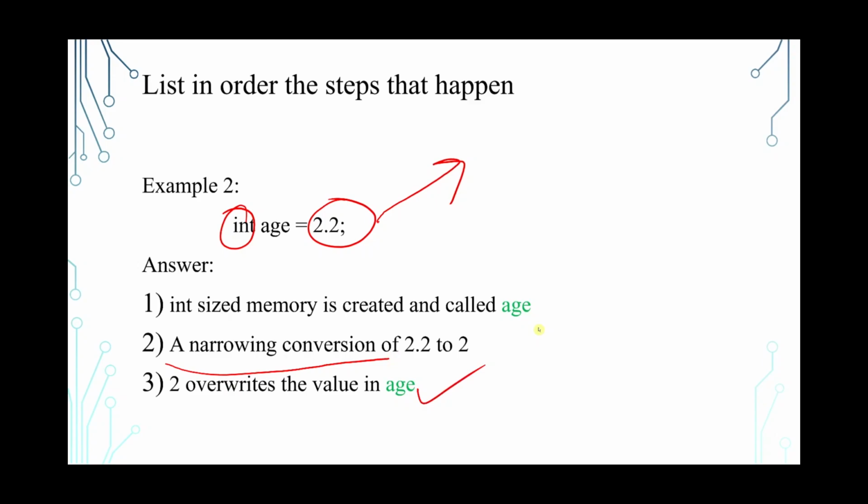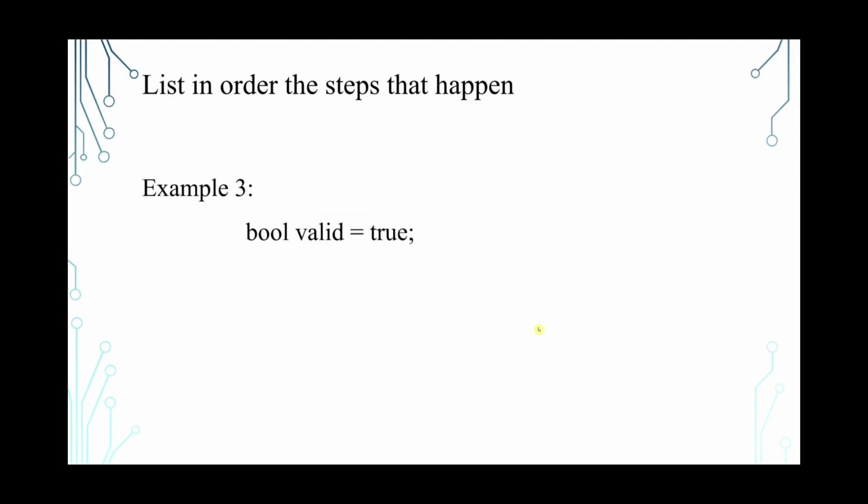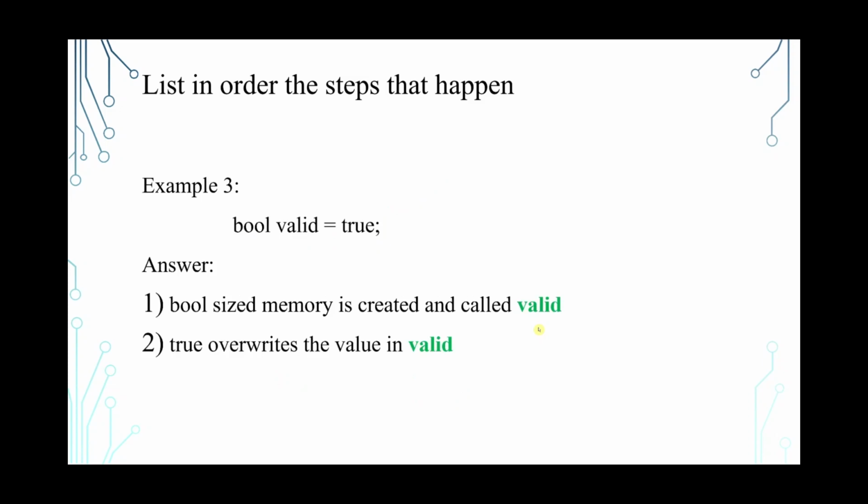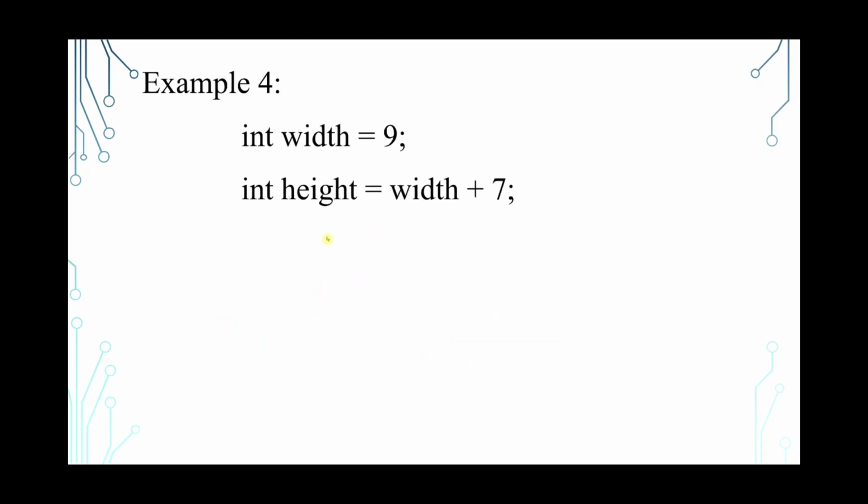So 3 steps. Next, bool valid = true. 2 steps. Creating bool-sized memory called valid, and then true overwrites the value in valid, where valid is the memory name.